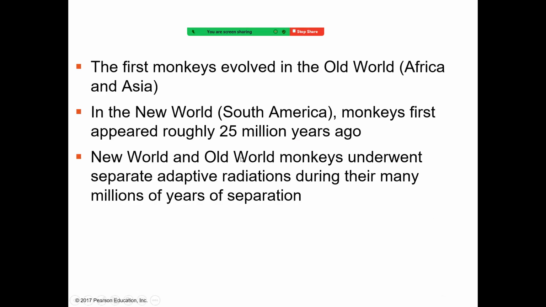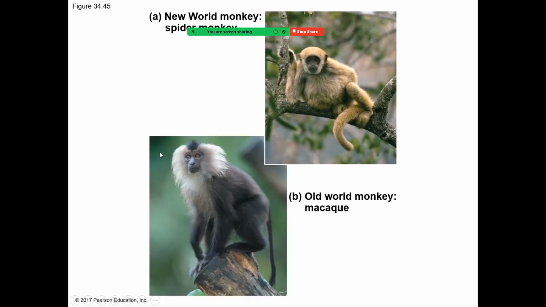And we see that they evolve in accordance with, again, mutation rates, but also the environment in which we find them. So New World monkey, Old World monkey, very similar in appearance and adaptations that they have.